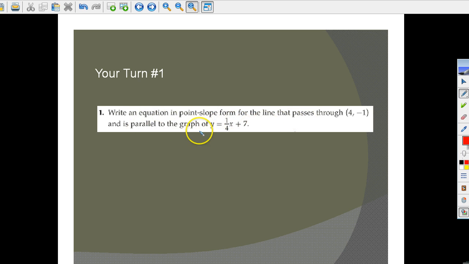So what we get from here, its slope is the same when it's parallel, and it passes through (4, -1). Okay, so go ahead and do that. It said leave in point slope form, so you just want y - y1 = m(x - x1). Okay. Alright, so go ahead and do number 1, come back when you're done.